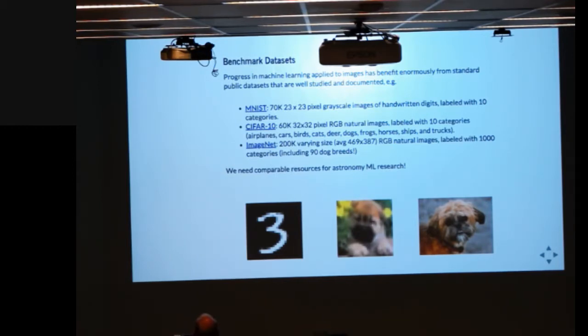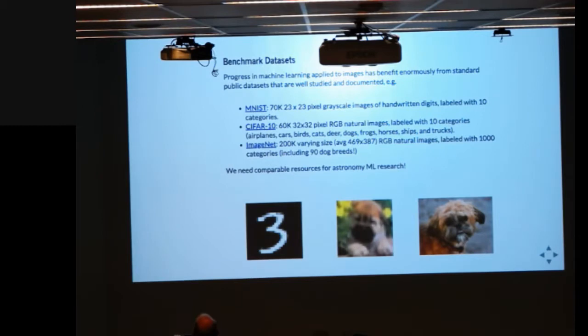For example, in images, one of the main data sets is MNIST, which I'm sure you've heard of. It's just handwritten digits. They're tiny images, 28 by 28 pixels. You can see the pixels there. They're just grayscale, so no color to worry about. And there are 10 categories, the 10 digits 0 through 9.